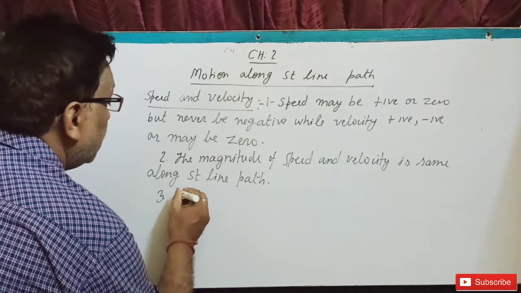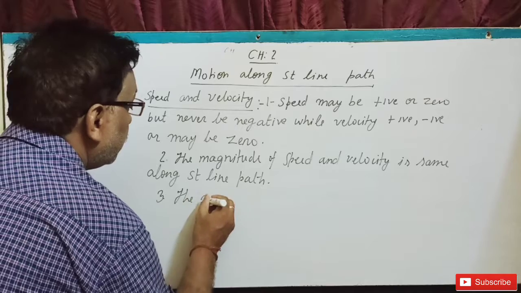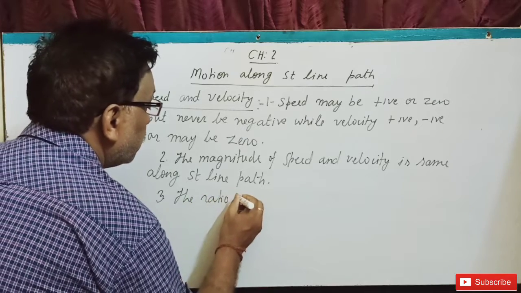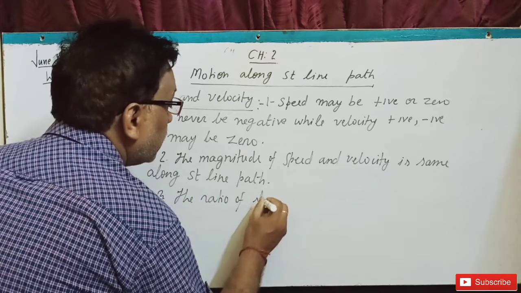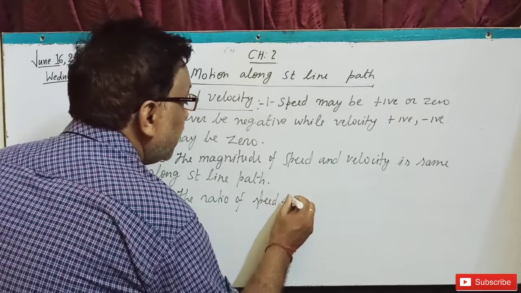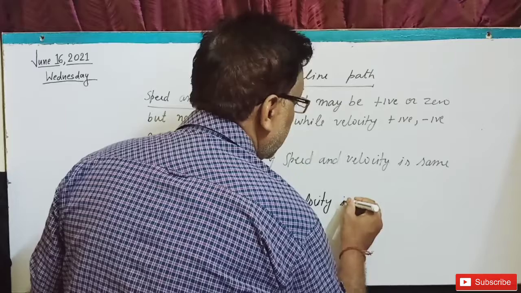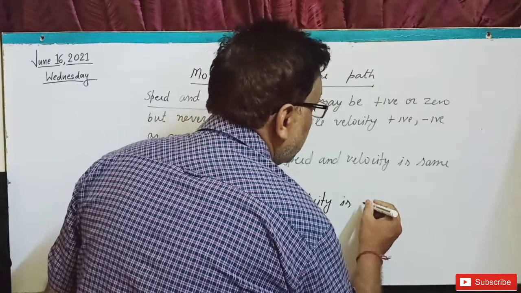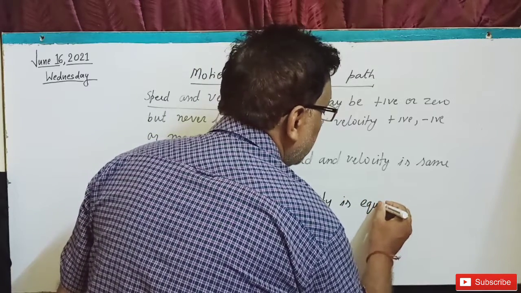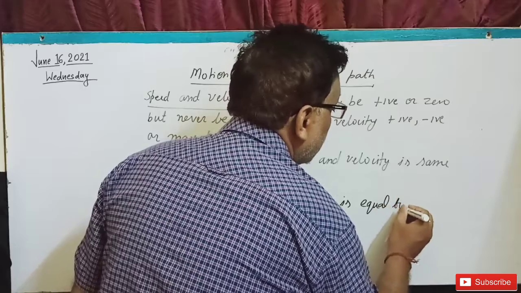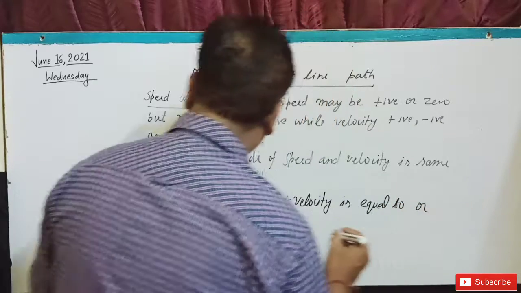Third, the ratio of speed and velocity is equal to or greater than 1.